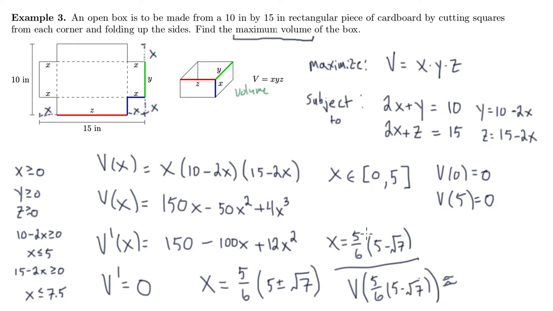You just plug it in, and you get approximately 132.038, and then units. Our dimensions were in inches, so our volume will be in inches cubed. So that's the maximum volume.